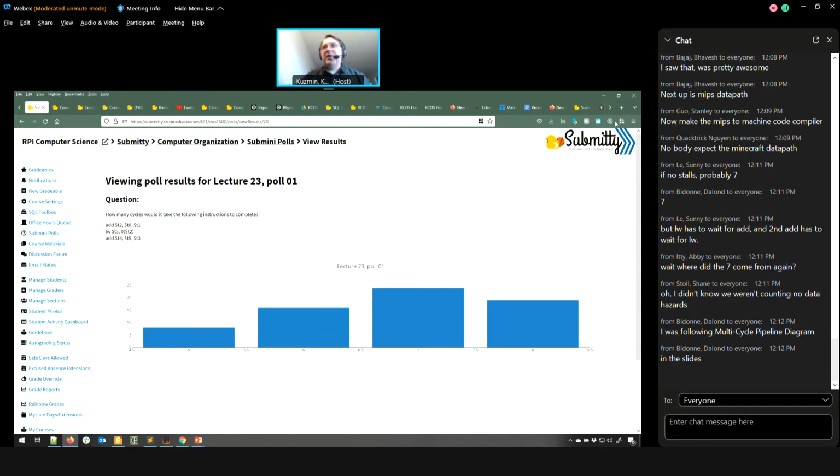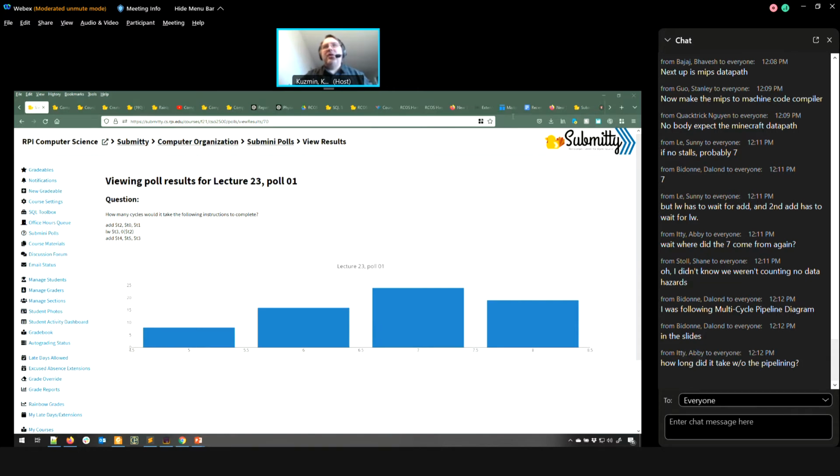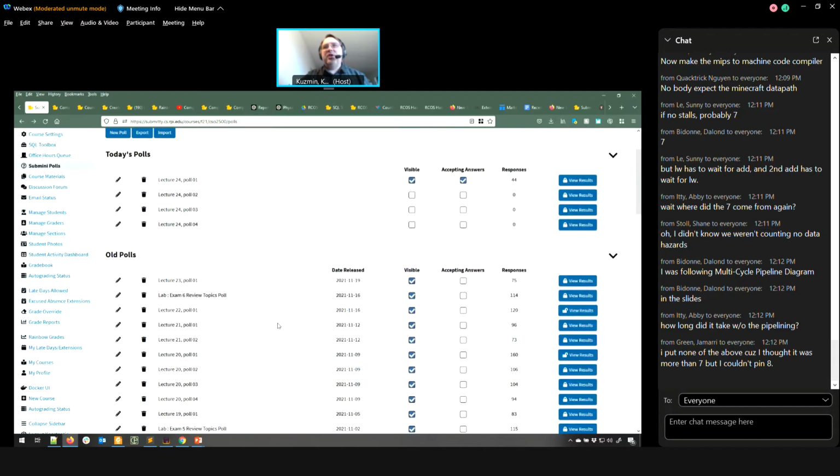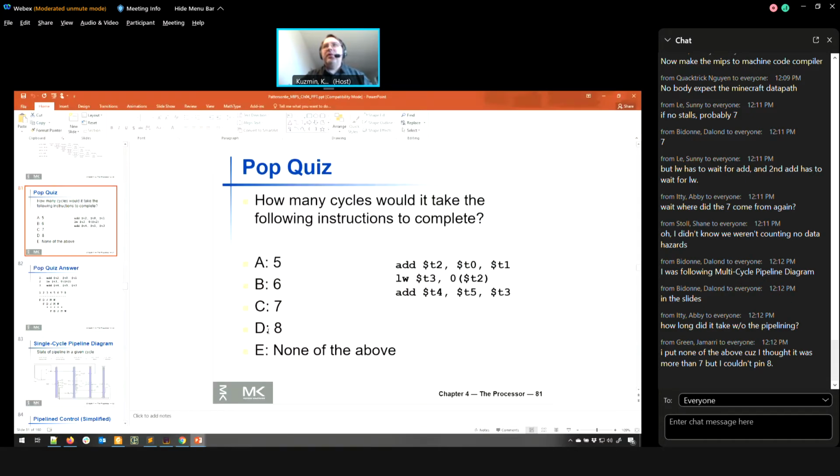Okay, and 5 and 6, hopefully you see by now that these 2 options could have been eliminated, because in the best possible scenario, 3 instructions cannot be done in 5 or 6 clock cycles. And then we do have a data hazard on T2, as someone already indicated.